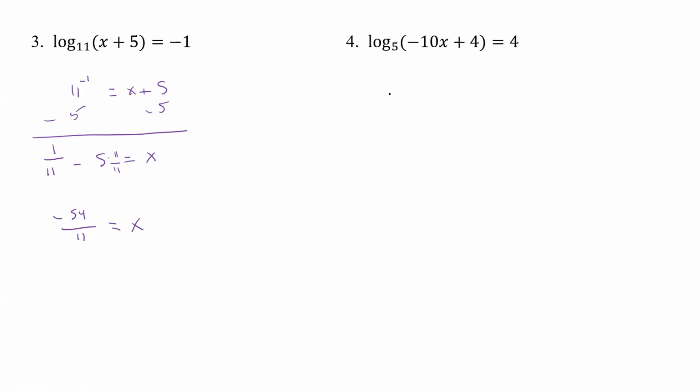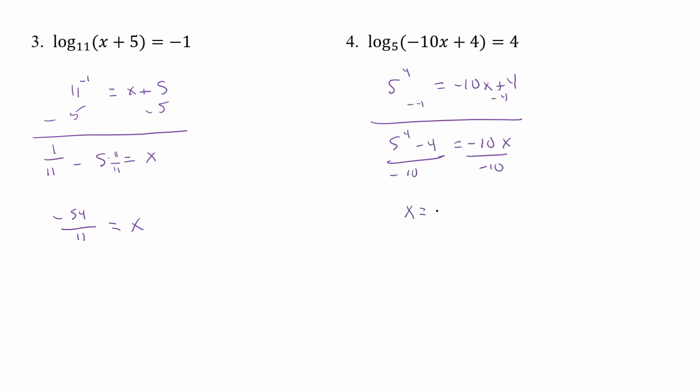Here we have 5 to the 4. That's equal to negative 10x plus 4. All right, so what do we want to do? Well, we can subtract 4 from both sides. So we have 5 to the 4th minus 4 equals negative 10x. So divide by negative 10.